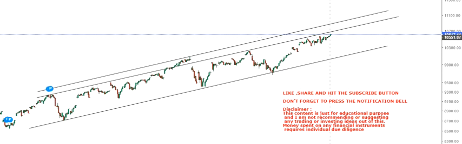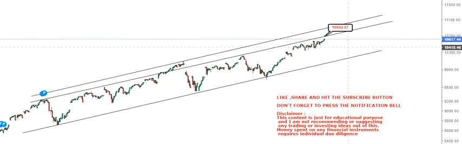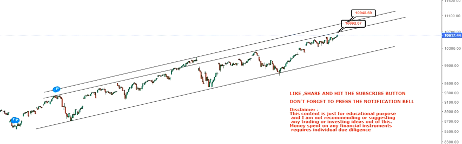This is near the resistance level where Dow Jones is consolidating, it is making bigger moves, and the resistance level would come at around 10,692, and if it breaks above, then it will be around 10,948.